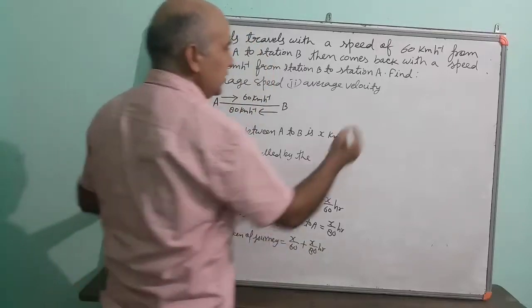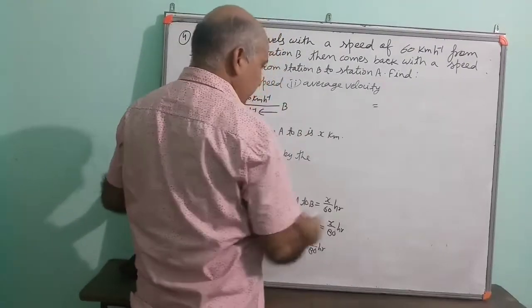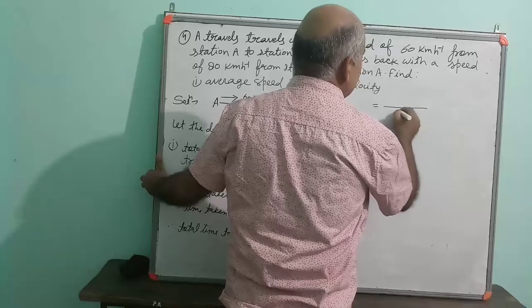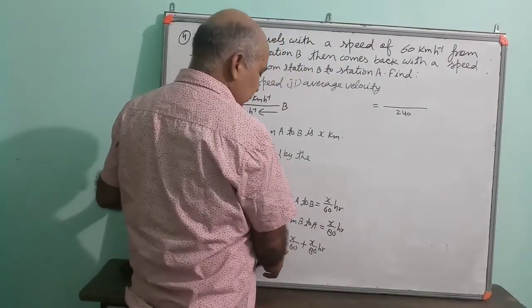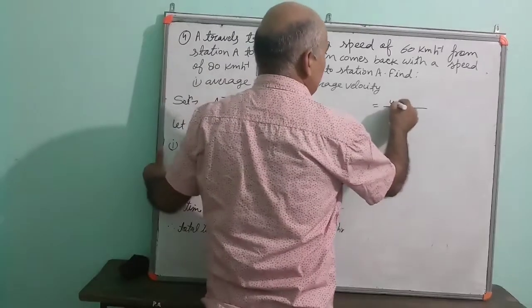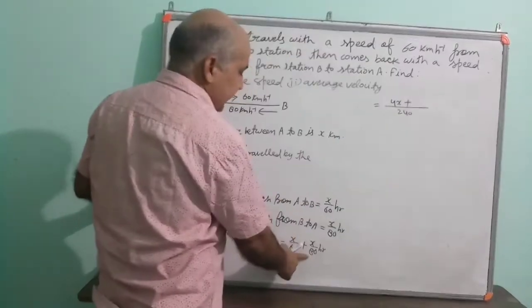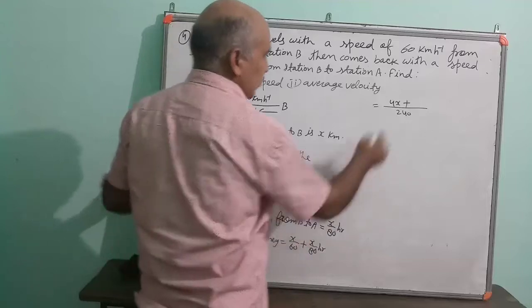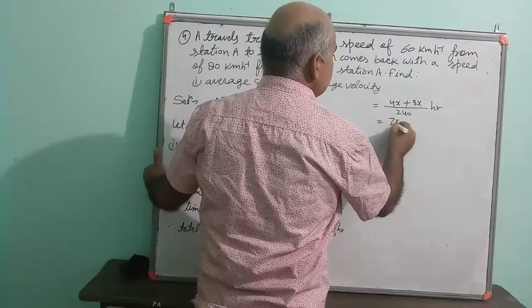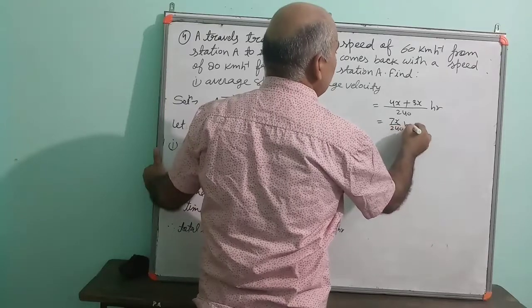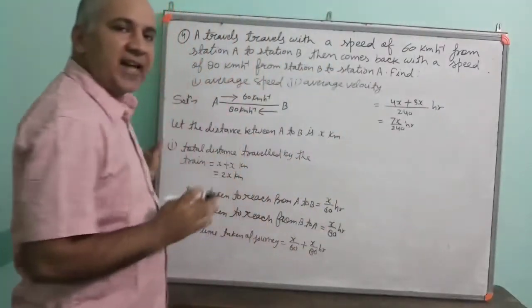Now solve this one. It will be 80 and 60, 240 will be the LCM. 60 dividing 240, 4 into x is 4x, plus 80 dividing 240, 3 into x is 3x. That means 7x upon 240 hours is the total time taken.